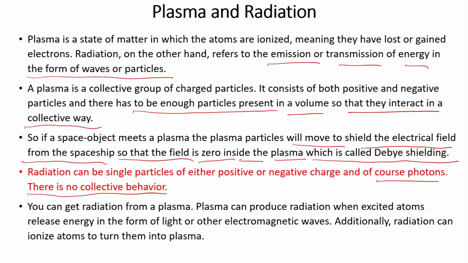But you can get radiation from a plasma, that is possible. Plasma can produce radiation when excited atoms release energy in the form of light or other electromagnetic waves, that is the cyclotron radiation that we already discussed. Also, high energy particle radiation can ionize atoms and turn them into plasma.